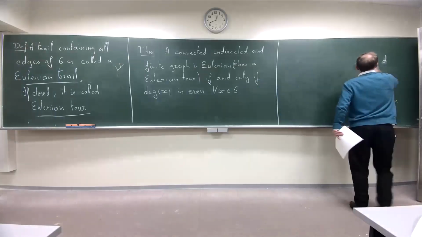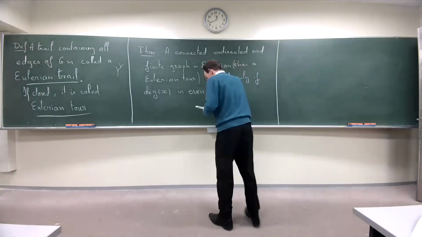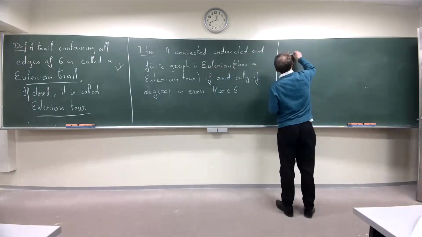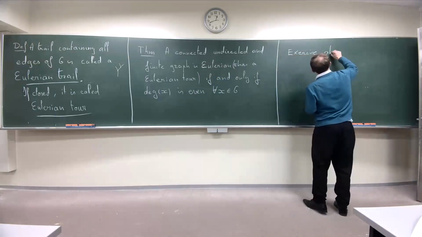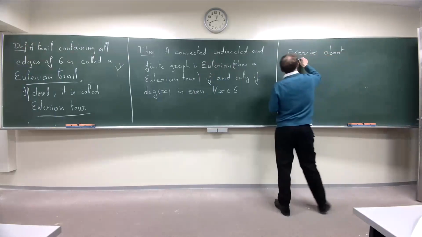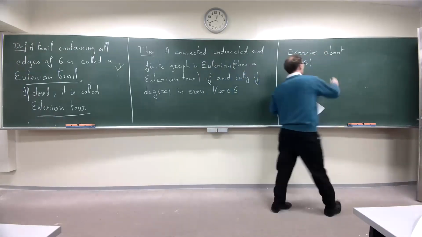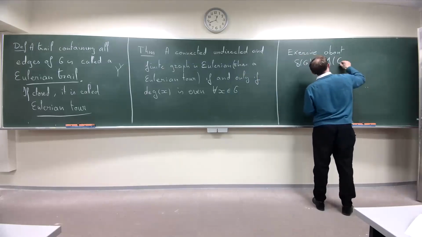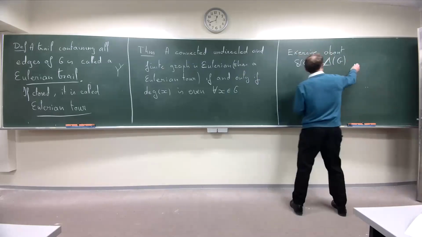And in the notes, there is one more exercise. I'm not going to write it, but there is an exercise about the minimal degree of a graph, the maximal degree of a graph. You can have some relation between these notions.